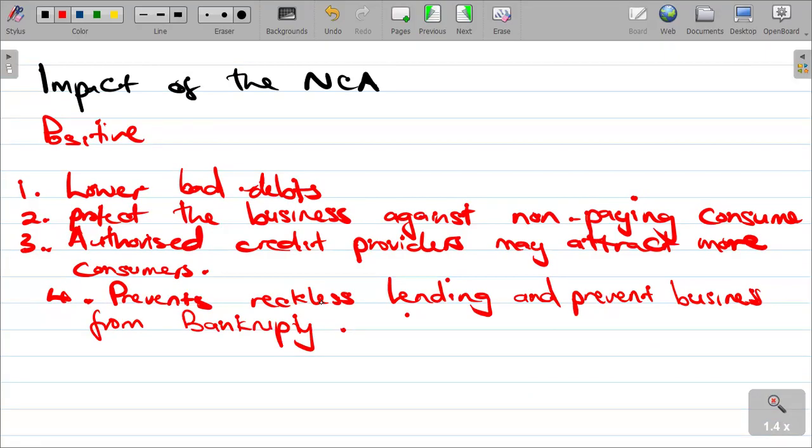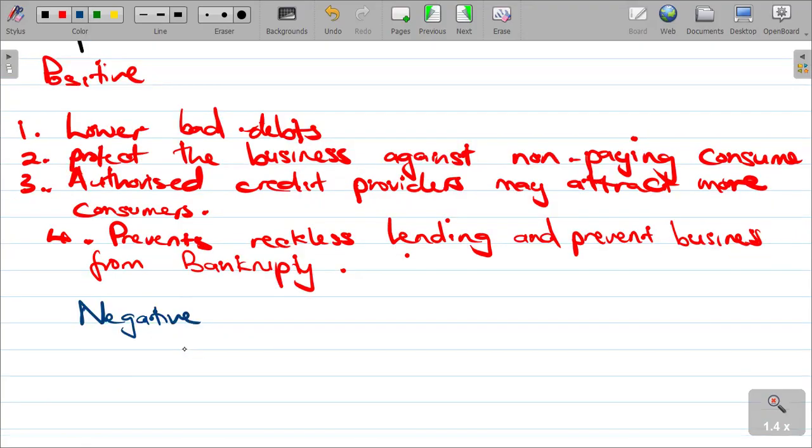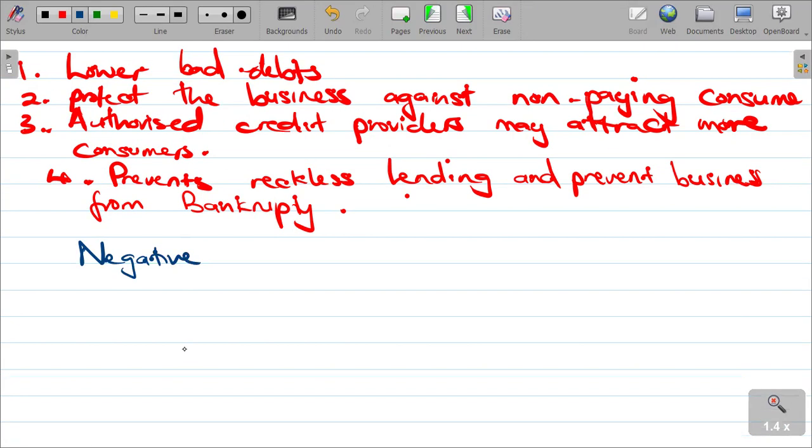So let's discuss the negative impact of the National Credit Act. You can find that businesses can no longer carry out credit marketing.